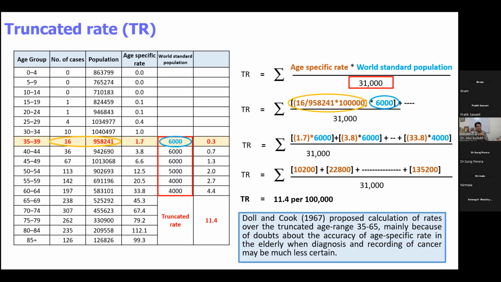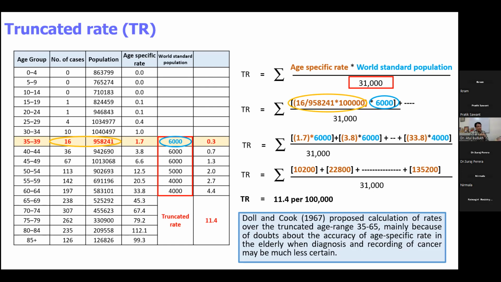So for truncated rate, as age adjusted rate is for 0 to 85 plus, truncated rate is for 35 to 64. Please understand the concept behind the truncated rate. Why truncated rate? Because Doll and Cook from the IARC scientist in 1967, they proposed a calculation of truncated rate mainly because of the accuracy of a specific rate in the elderly, when diagnosis and recording of cancer is much less.